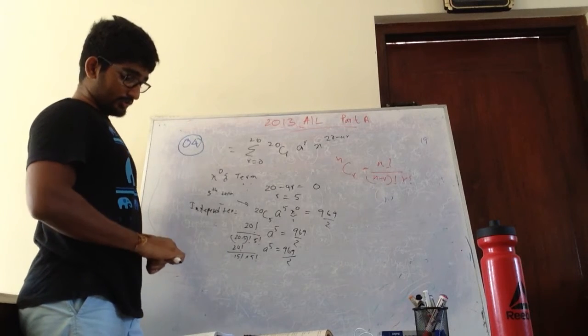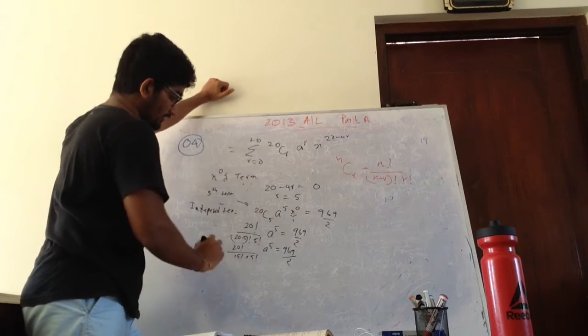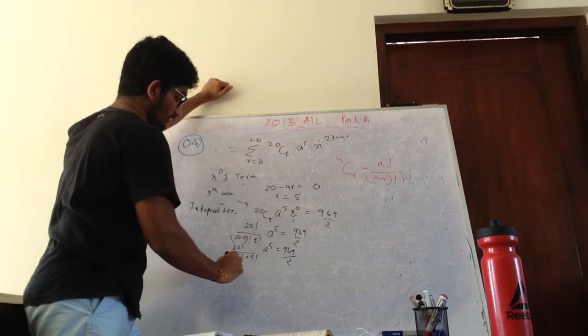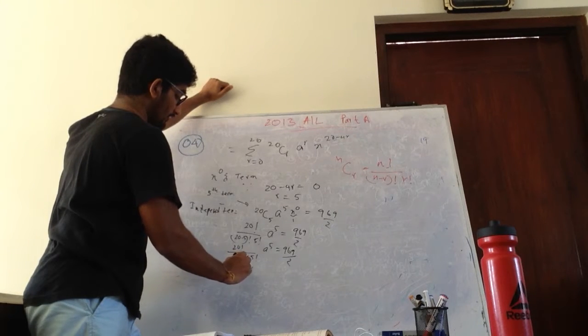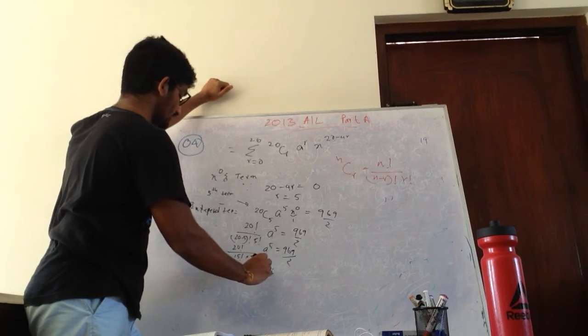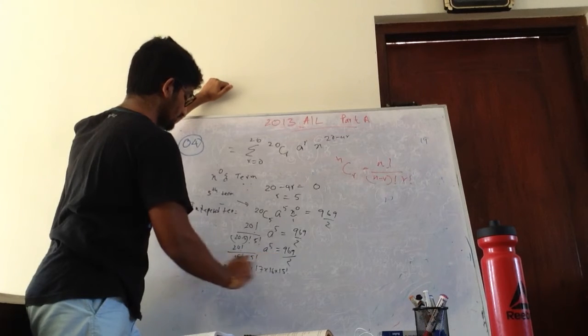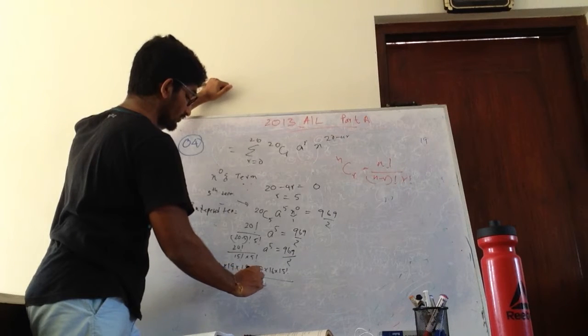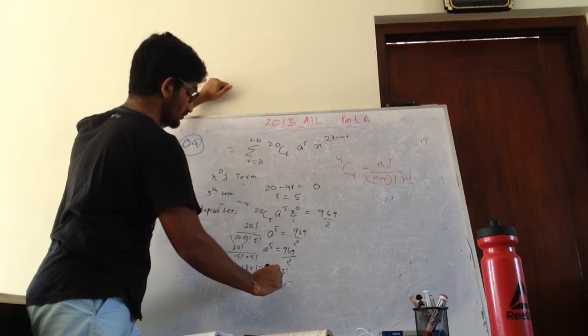Okay? So now we have to expand this and see. 20, 19, 18, 17, 16 into 15 factorial over 15 factorial into 5 into 4 into 3 into 2 into 1.